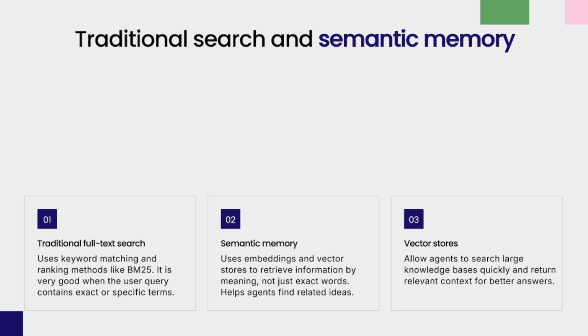It is very good when the user query contains exact or specific terms. So these are very useful when you want to search for exact information. You need factual information that is 100% accurate. So you can use a traditional search, which is also called the keyword search. These are also used in vector databases.